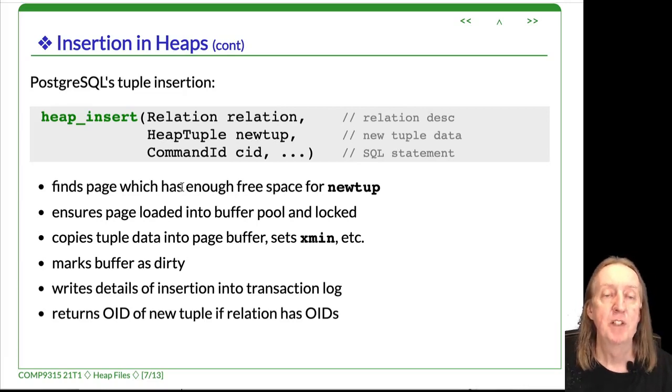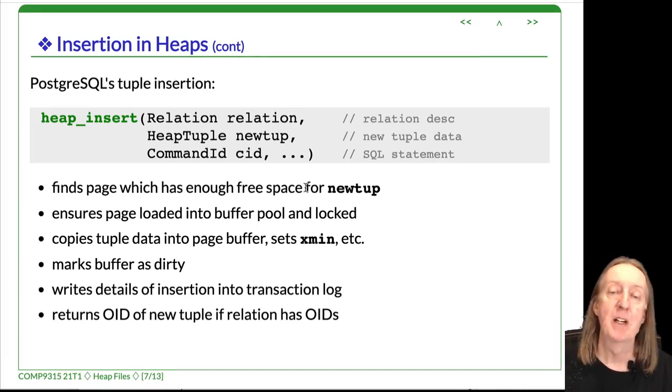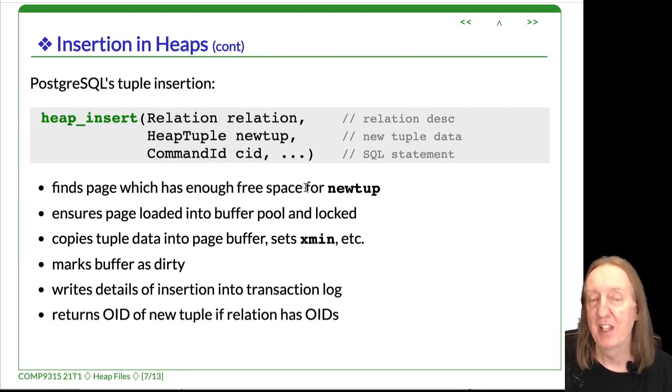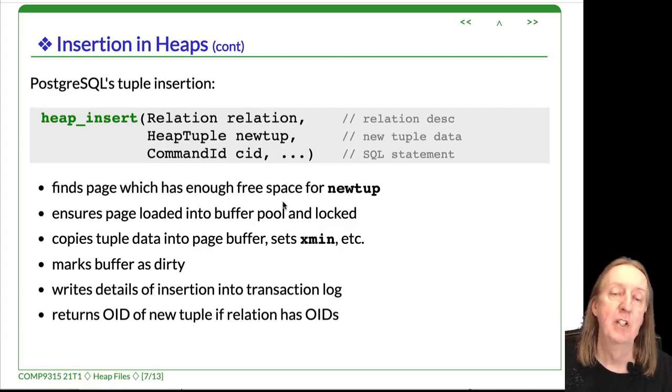So what does Postgres do? Tries to find a page with enough free space. We said we look in the buffer pool first for an appropriate page. If we don't find one, then we'll get one. Load the page in the buffer pool and lock it.